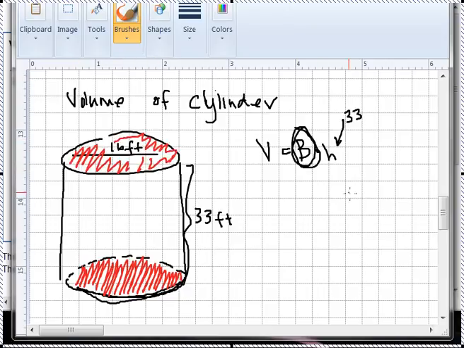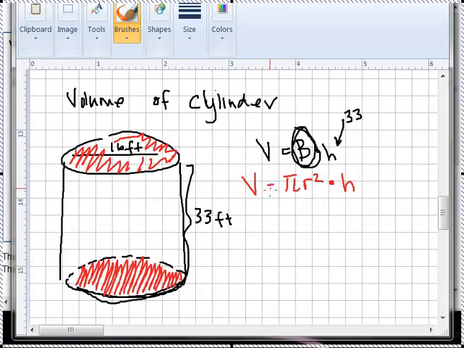That bottom part is a circle. And the equation for the area of a circle is pi times r squared. So the volume of a cylinder is simply pi r squared, which is my base, times the height.